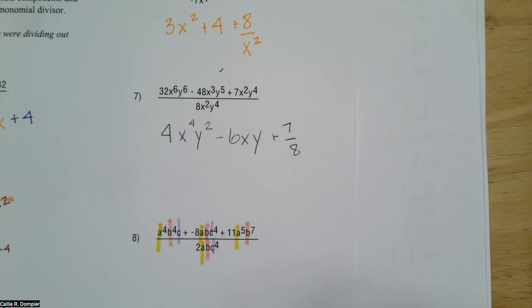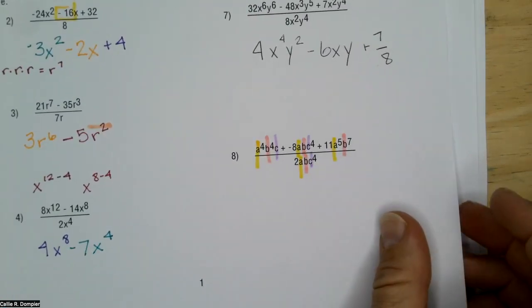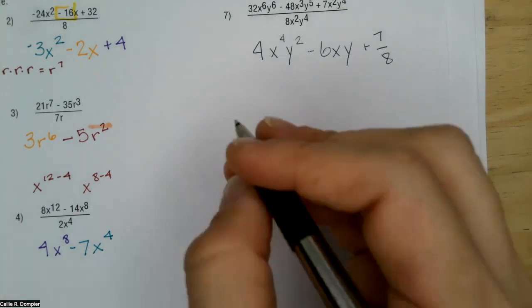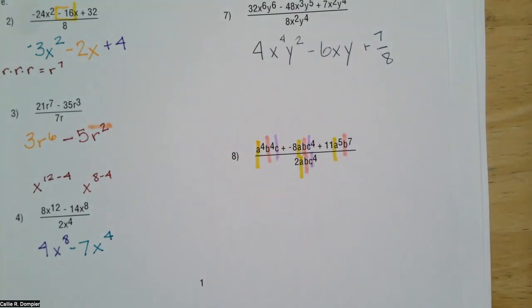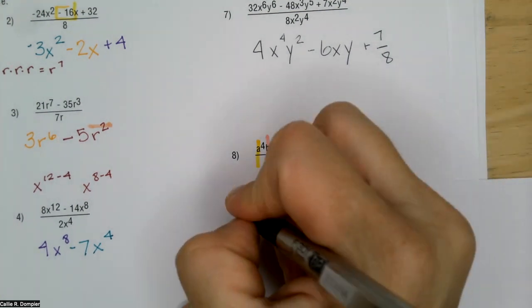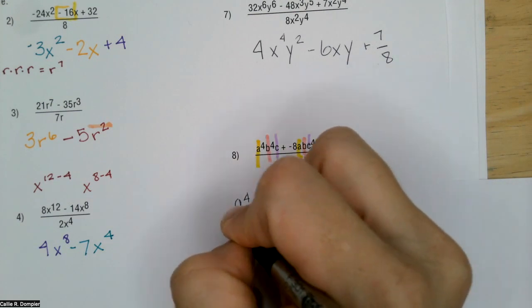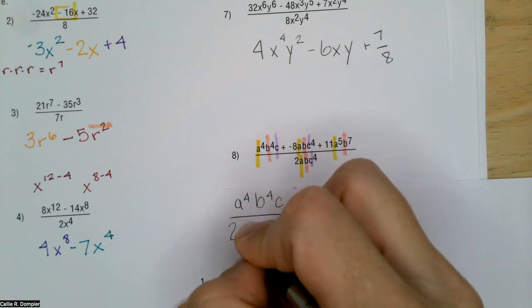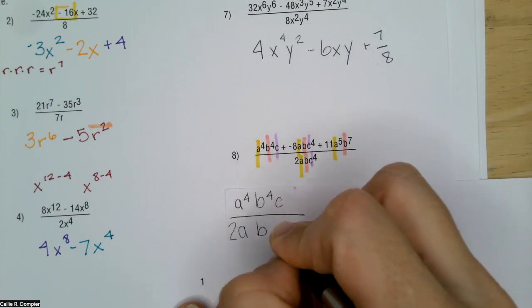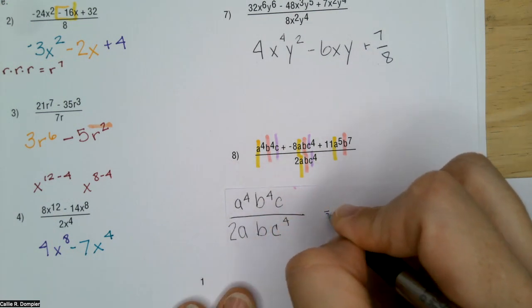Okay, maybe I'll just try to fit this one on the paper. So this one is a to the 4th, b to the 4th, c, divided by 2 a, b, c to the 4th.